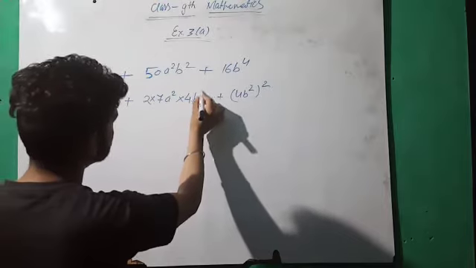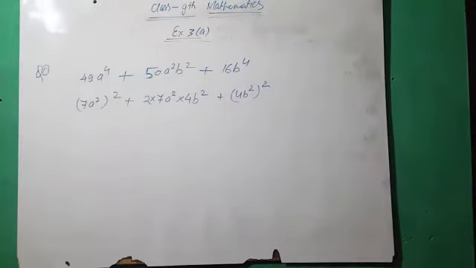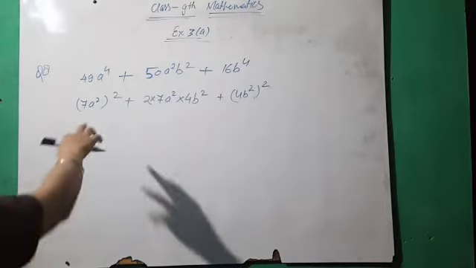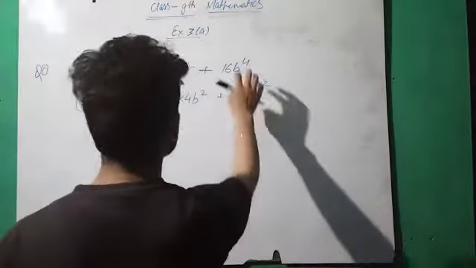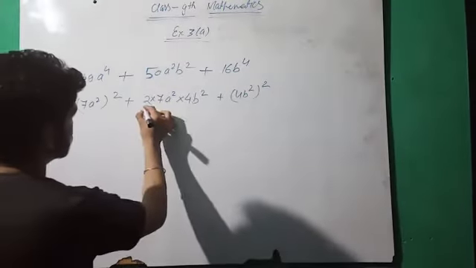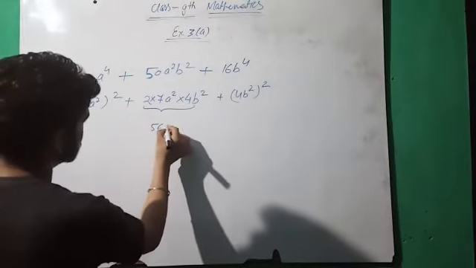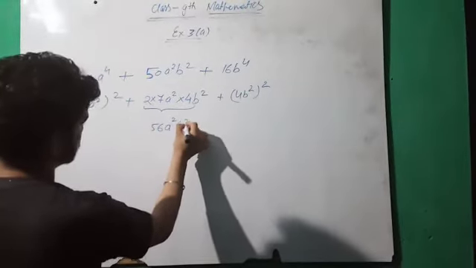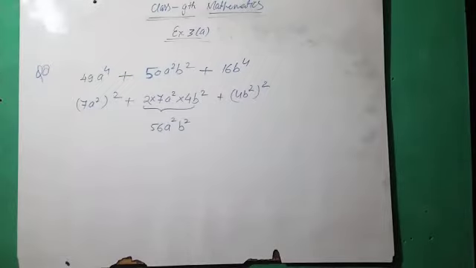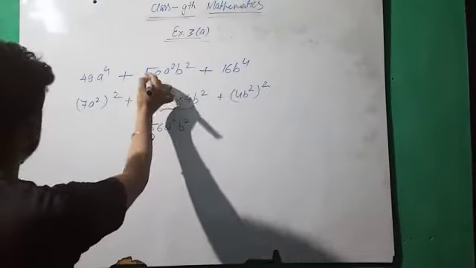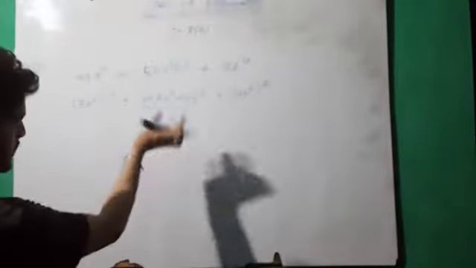Let us check. We have 49a square whole square means 49a to the power 4. B square, we have b square. Now what is the product of this term? 7 into 4, that is 56a square b square. So what we have added to this equation? This is 50. Yes, this is 50. So we have to add 6a square b square to make it a perfect square.